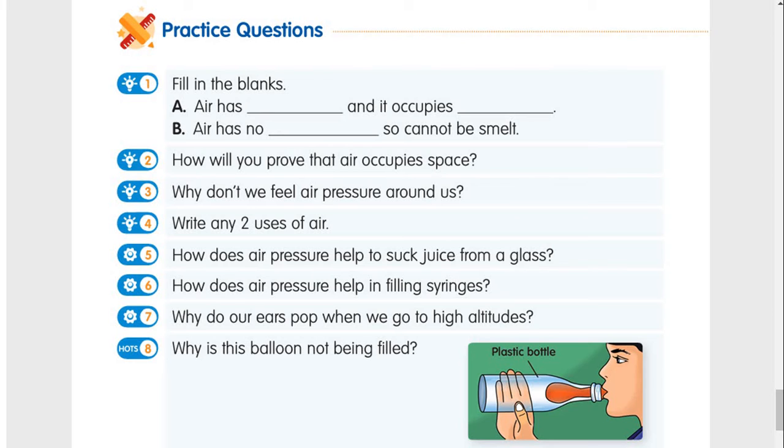The answer is, the balloon is not getting filled because the air inside the bottle is pressing against the air that is being blown from the outside.